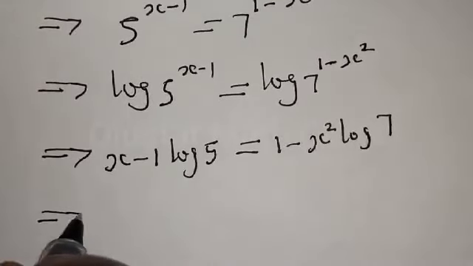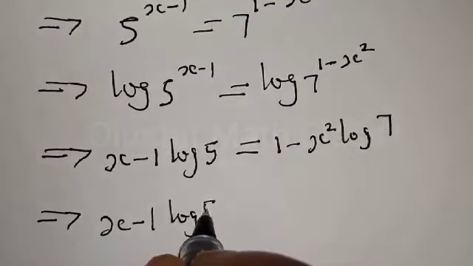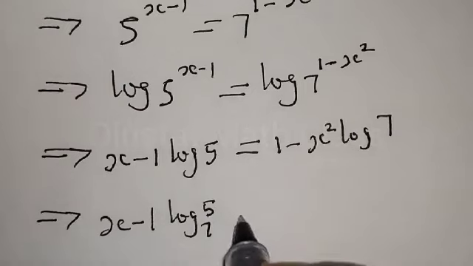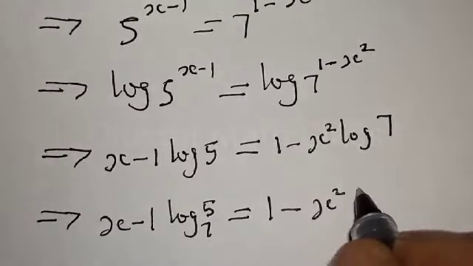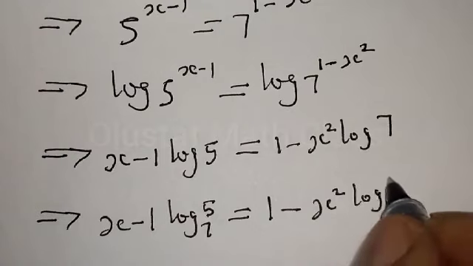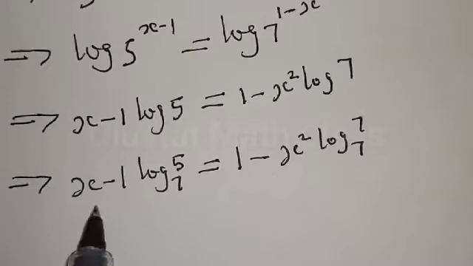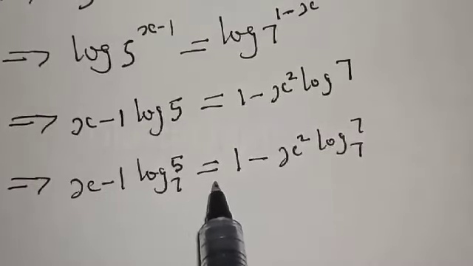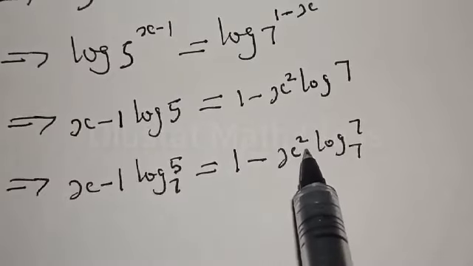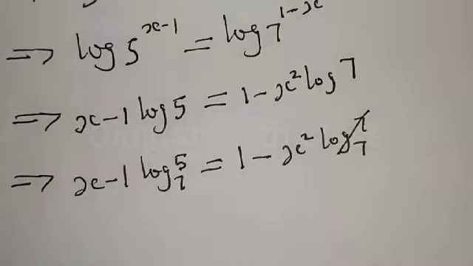This implies that we have x minus 1 log 5 base 7 equal to 1 minus x squared log 7 base 7. This log 7 base 7 is 1.